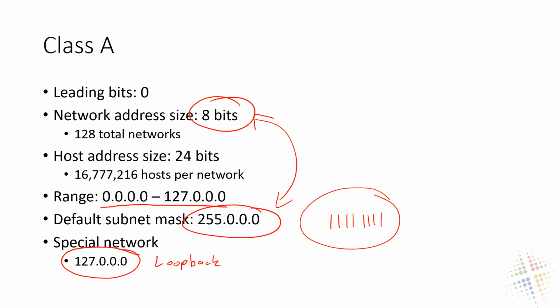I'm talking to myself. So the special network of 127, that could be 127.0.0.1, that could be 127.255.255.255. That entire network range all refers to talking to myself. And there's a lot of special reasons why I may need that loopback capability.